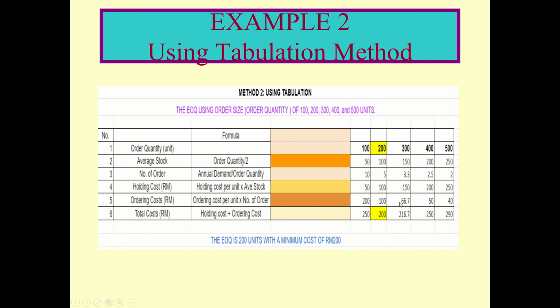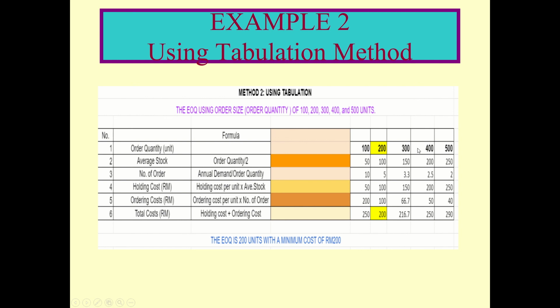And then for the third one, 20 ringgit is the cost per unit times with the number of order, which is equal to 3.3. And then you will get the answer of 66.7.